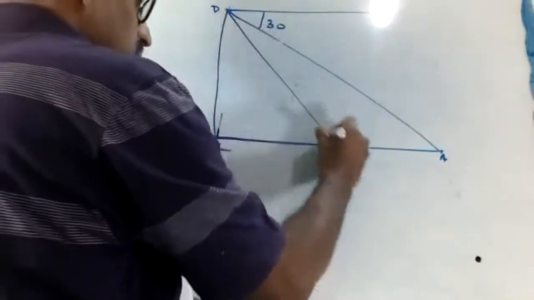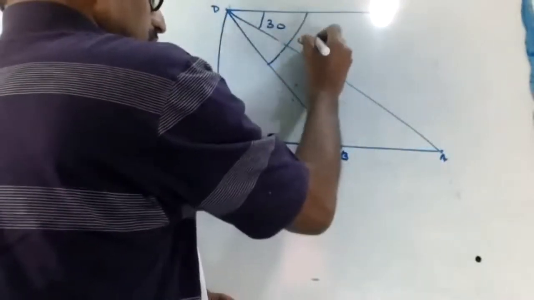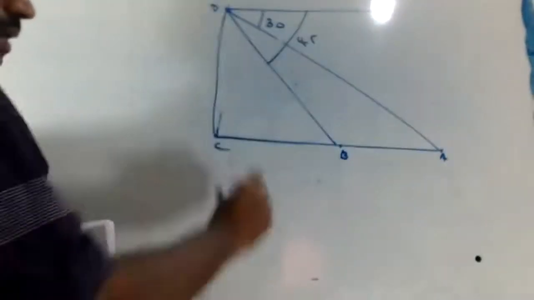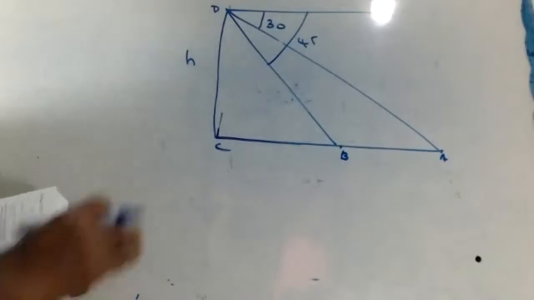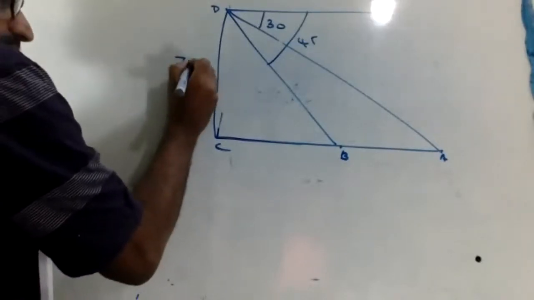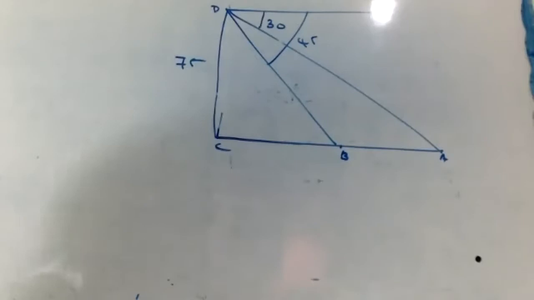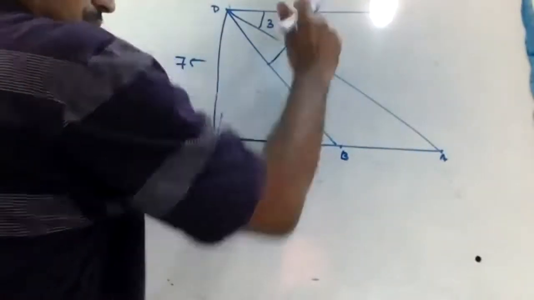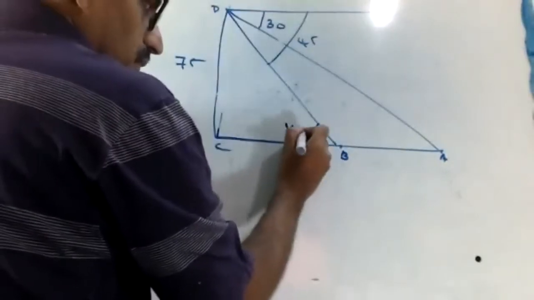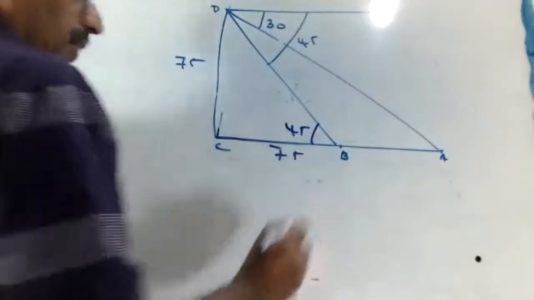Second one is 45 degree. This is the lighthouse height H, given as 75 meters. First of all, this angle is 45, this also 45. So this is 75.